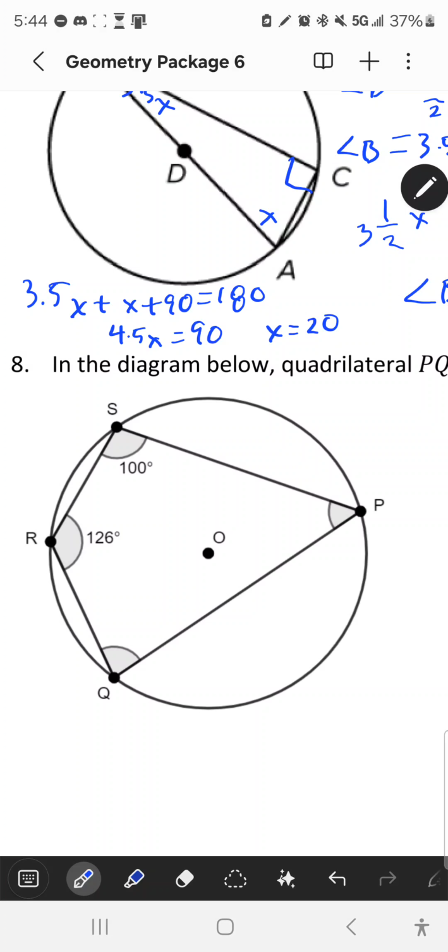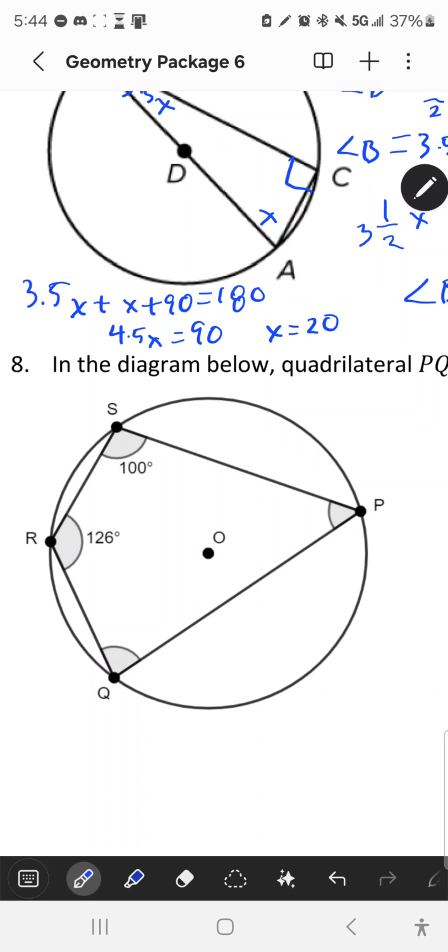Yes, there's a property. The bad thing is you need to know the property by memory. There is another way. Basically, opposite angles of a quadrilateral inside of a circle are supplementary.